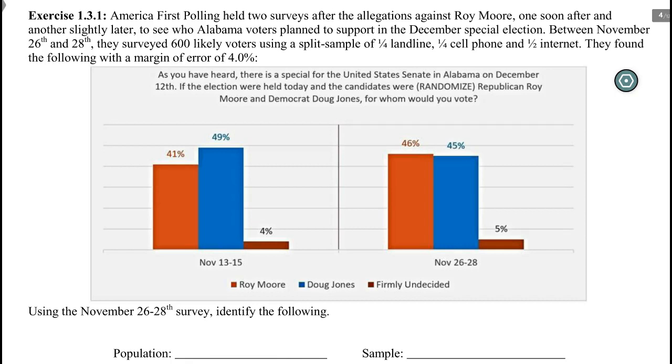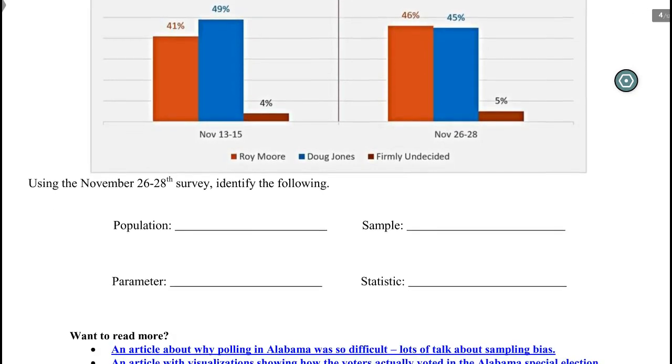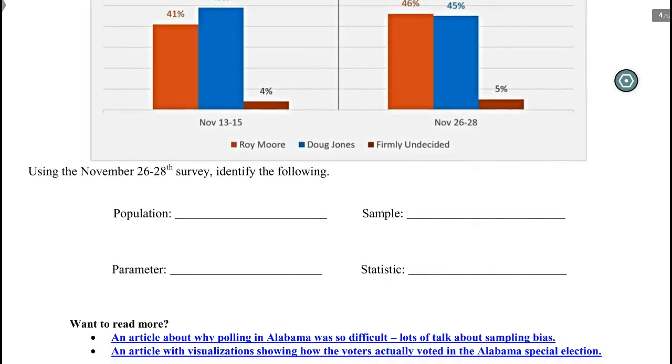Now, they surveyed 600 voters and they did a split sample. They got a quarter of them from landline, a quarter from cell phone, and a half from the internet. If you want to know more about this sampling and why it was so difficult in Alabama, I provided you two different links. You can go to Blackboard and access the links from the PDF, or I'll link them in the Part 1 section.